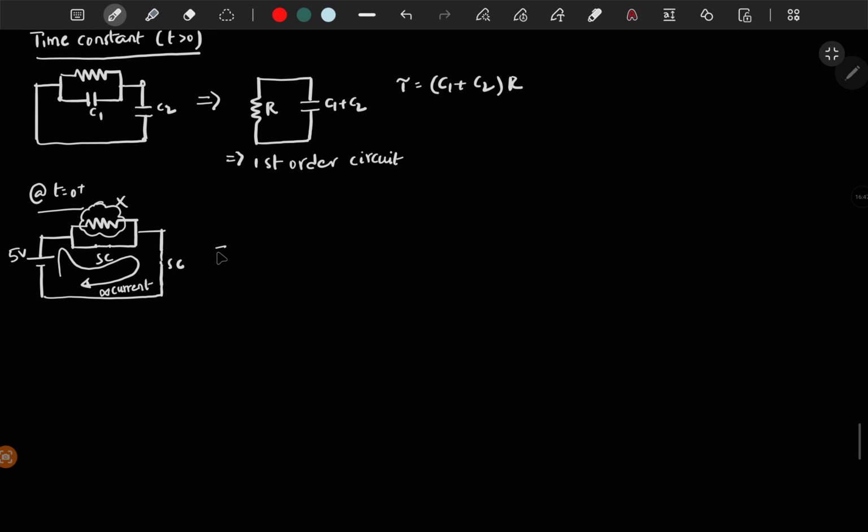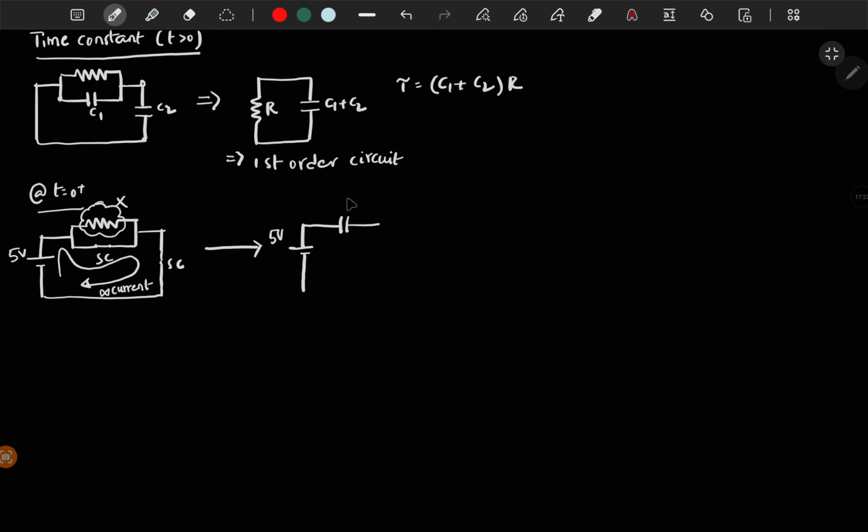Which means there will be a sudden change in the voltage across the capacitors. If you want to find the voltage across the capacitor, then this is 5 volt, and then you have a short circuit, which means it is very low impedance. If you have a very low impedance in parallel to any other impedance, then effectively it is equivalent to near the very low impedance. That we have already discussed.